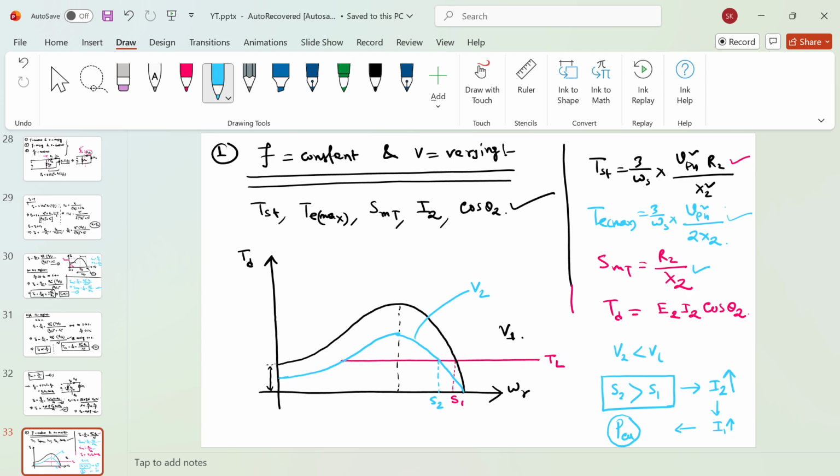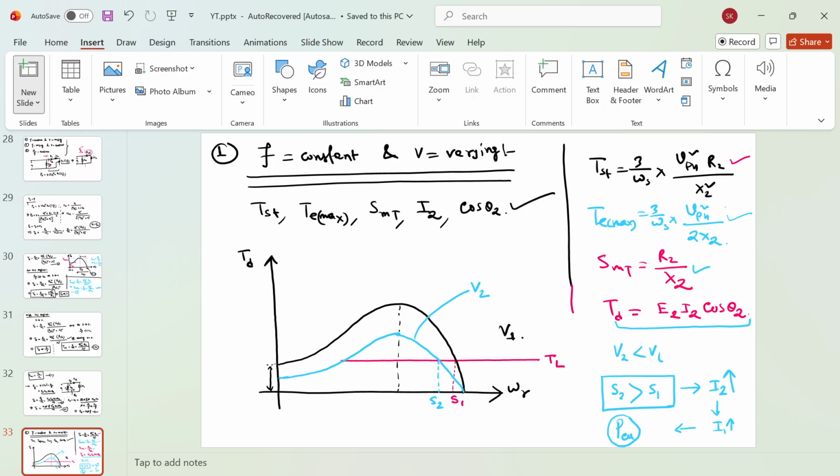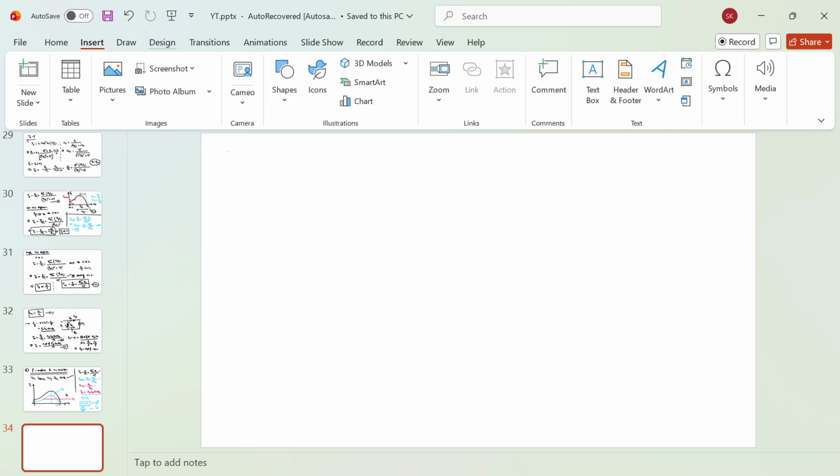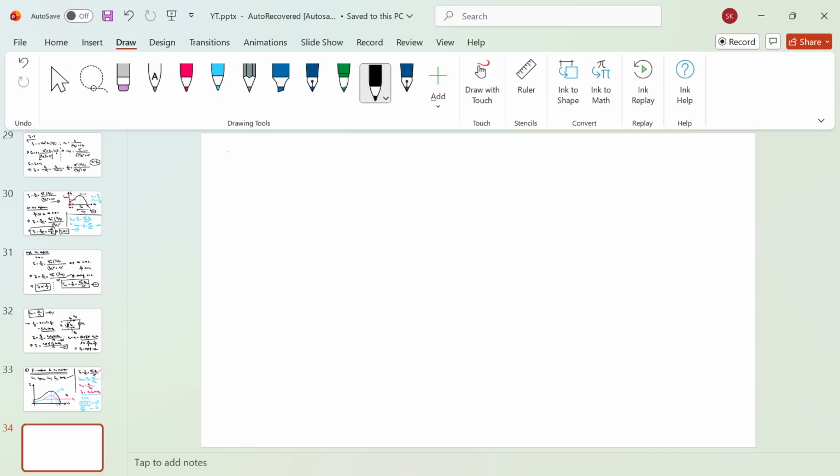from another angle, we want to utilize this particular equation to understand what will happen. So I have TD equals E2 I2 cos theta 2, and cos theta 2 is nothing but R2 by the square root of R2 square plus (sX2) square.